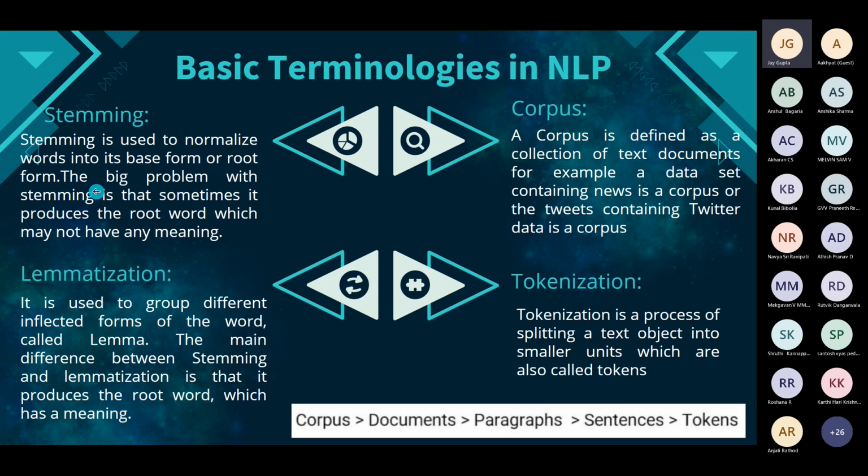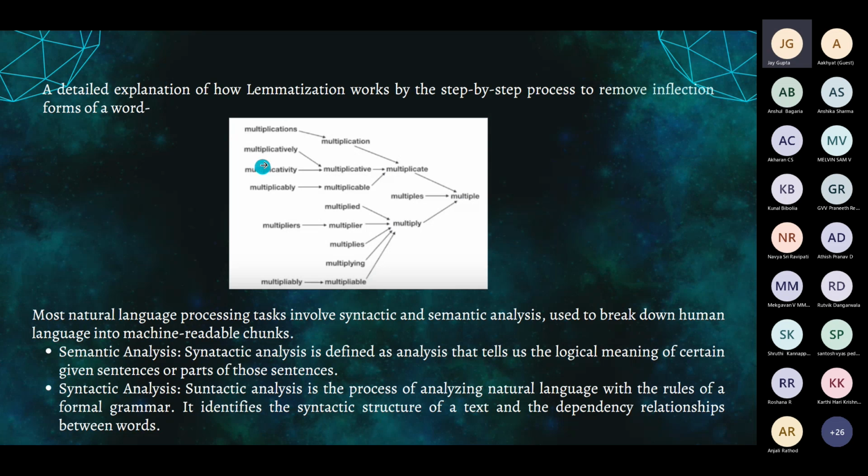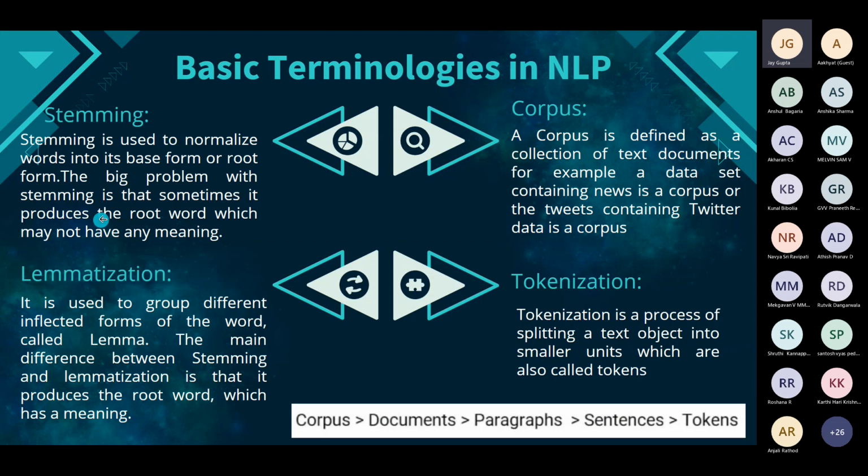What is stemming? Stemming is used to normalize a word into its base form or root form. For example, converting multiplication into multiply, that's the base form of the word multiplication. That is called stemming.